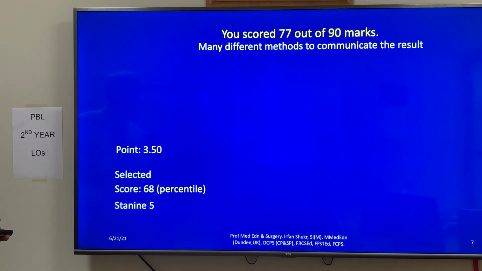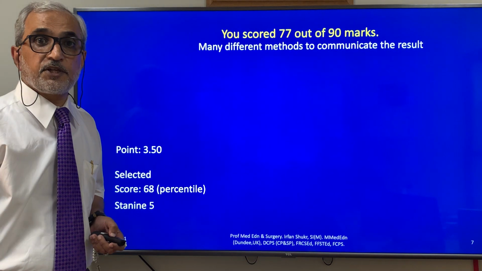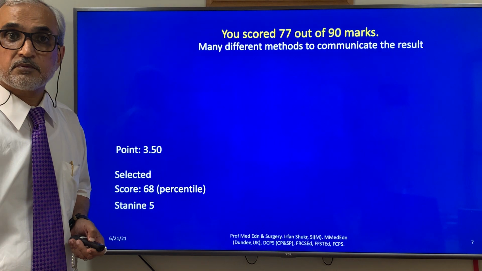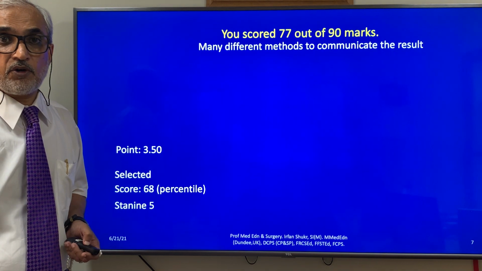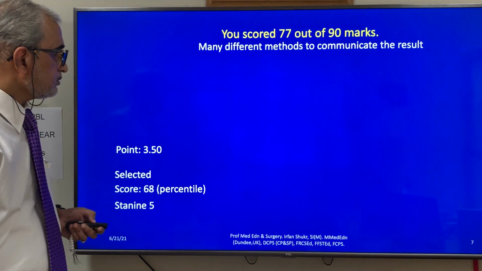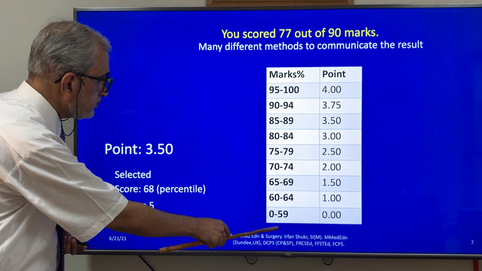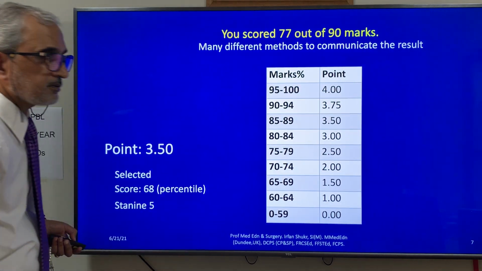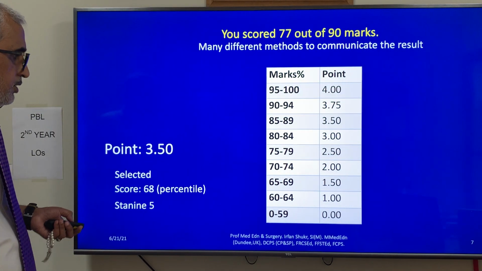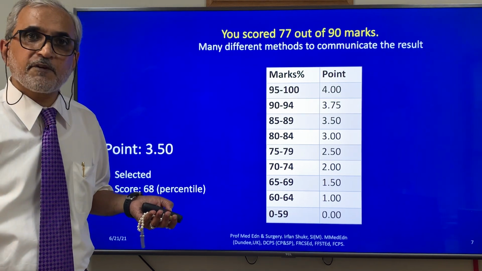What about the point 3.50? We can say your grade point is 3.50, like we would have said your grade in letter is B plus. Again, marks and points: since we know that below 60% one fails, we cannot give any point.